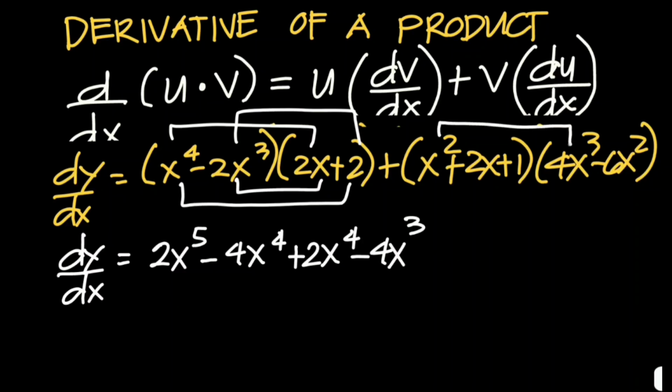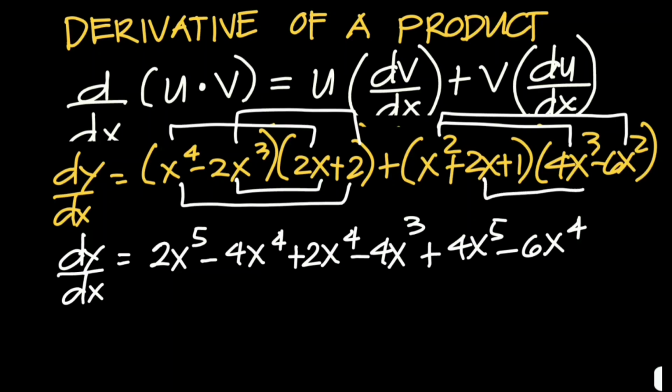We multiply x squared to 4x cubed, so that is 4x to the fifth. Then to negative 6x squared. X squared times negative 6x squared is negative 6x to the fourth. Then this one, 2x times 4x cubed is 8x to the fourth.